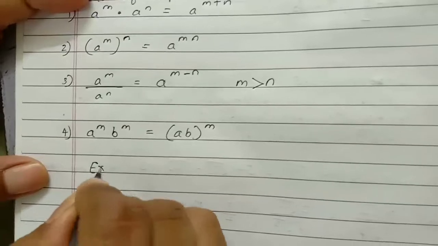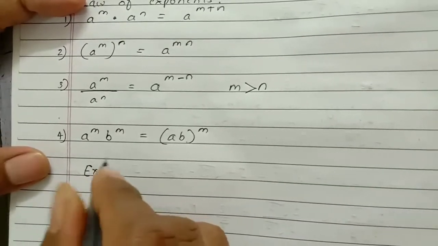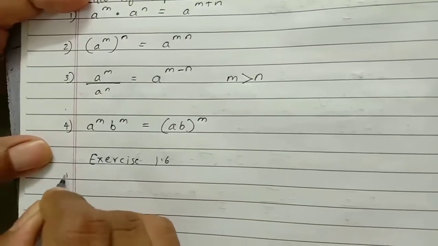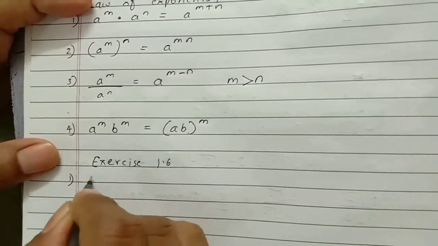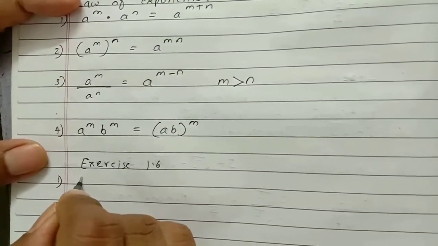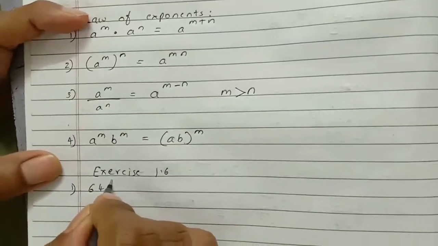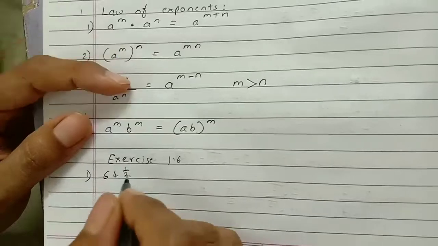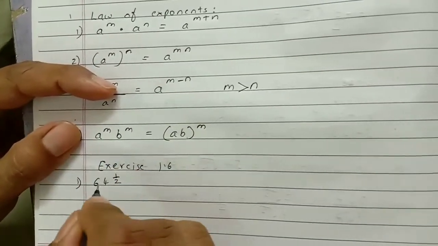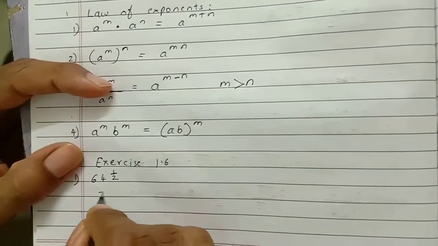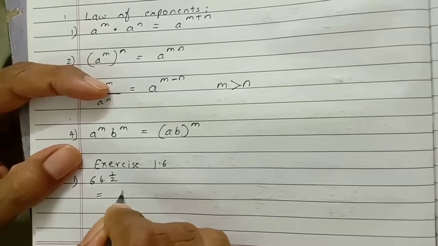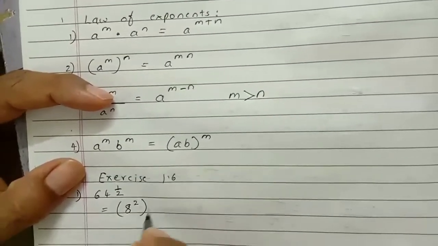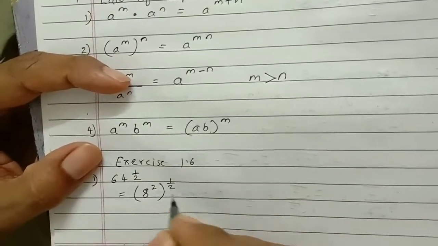Now let's solve exercise 1.6. First one is find the value of 64 raised to 1 by 2. Now how will we solve this? 64 can be written as 8 square. 8 8s are 64. 8 square into the whole bracket raised to 1 by 2.